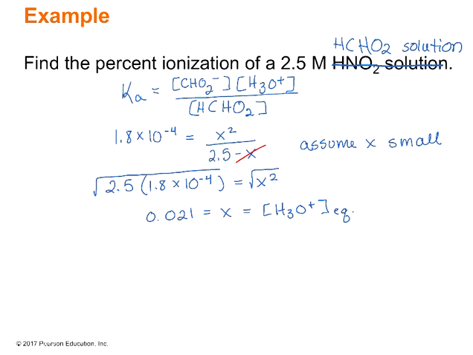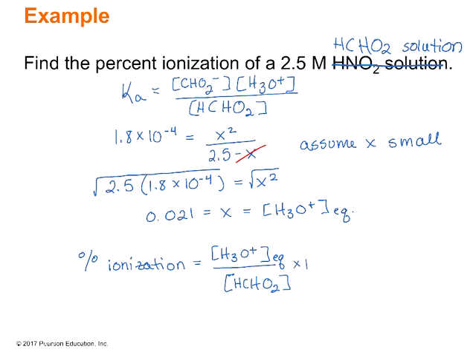Now, our ultimate goal here was to calculate the percent ionization of this solution. So I'm going to now calculate the ratio of hydronium ion concentration at equilibrium all over the initial concentration of the acid.